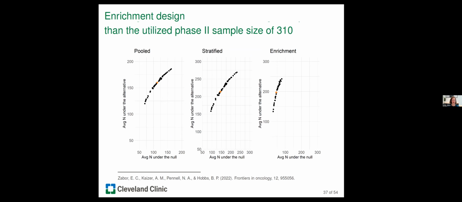So those are the 3 design proposals, and here are some simulation results where each of the panels now represents one of the randomized designs. The one on the left is the pooled control arm design, the middle is the stratified control arm design, and the right is the enrichment design. These are the results for optimal efficiency, where we have the average sample size under the null on the x-axis and the average sample size under the alternative on the y-axis.